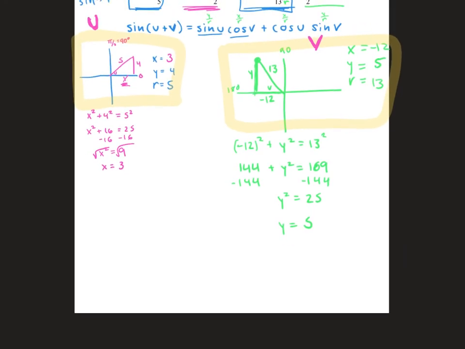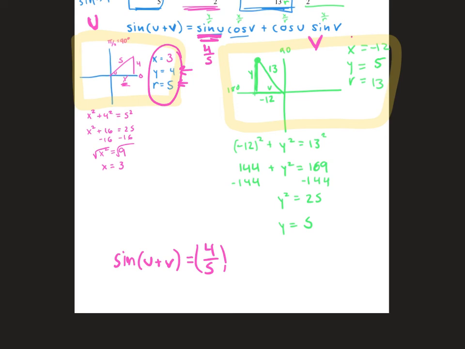So what is our sine of u? Y over r, we're looking at this one here. What's our y? 4. What's our r? 5. So this was 4 over 5.